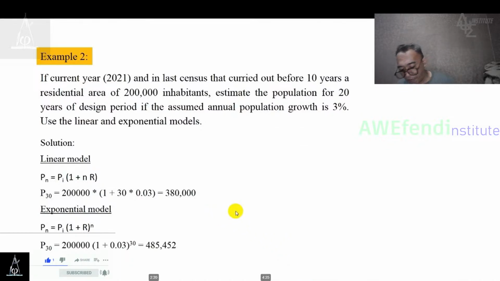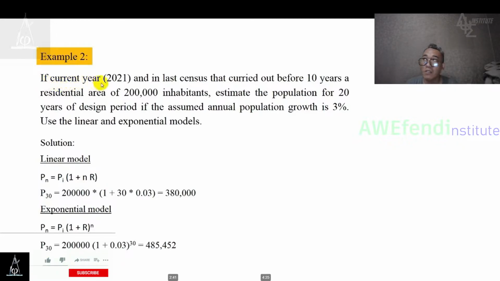Now we have to explain this. If we haven't the current population in the current year, but we have the population before 10 years, for example, here the example 2 will explain this problem.